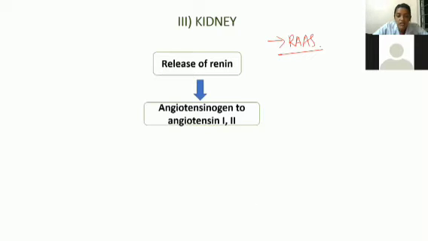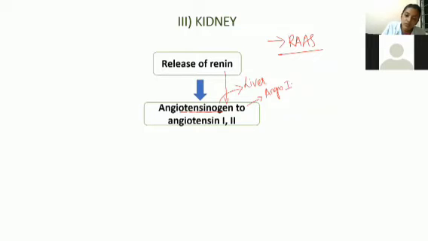Then angiotensinogen is converted to angiotensin 1 and 2. Here is a shortcut: we should know from where these are secreted. Renin is secreted from the kidney. Angiotensinogen is secreted from the liver. This renin will act on the angiotensinogen so that it will be converted to angiotensin 1.